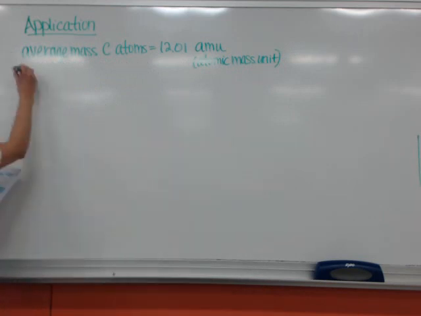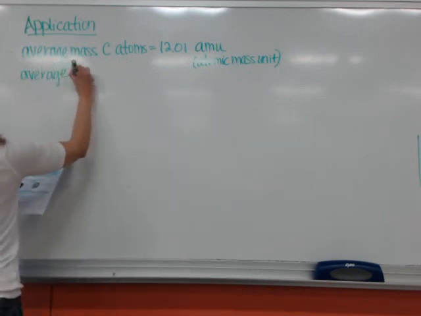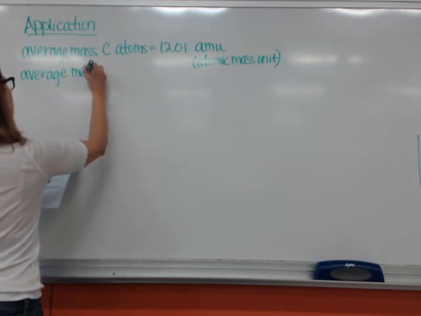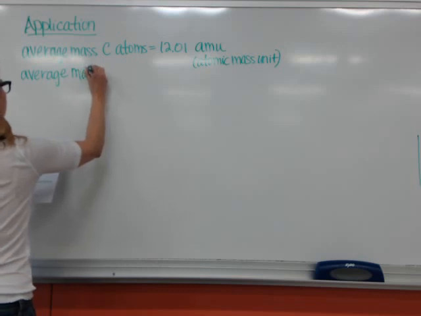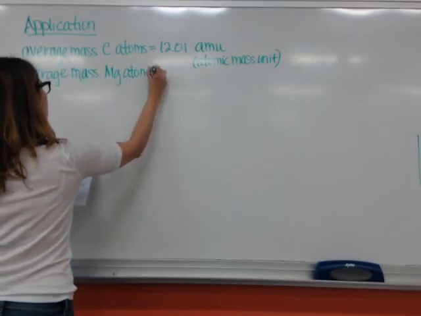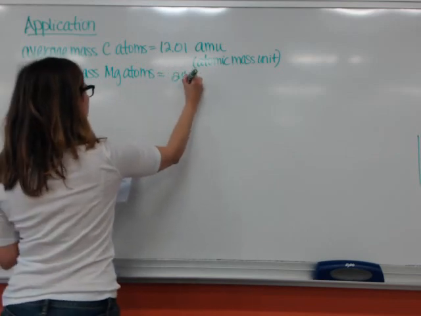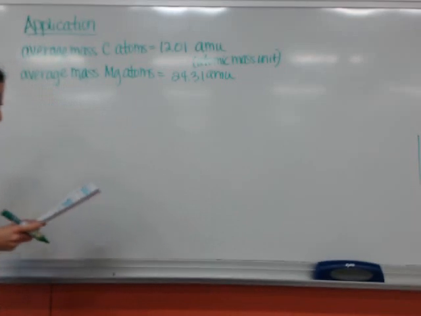If you look at magnesium on the left-hand side of the periodic table where the metals are, it's in the second column there. The average mass of magnesium atoms is 24.31 atomic mass units.